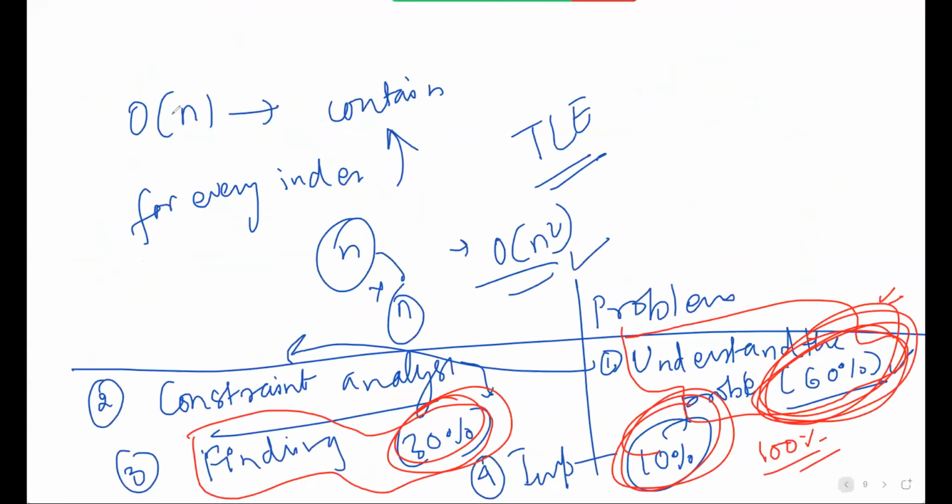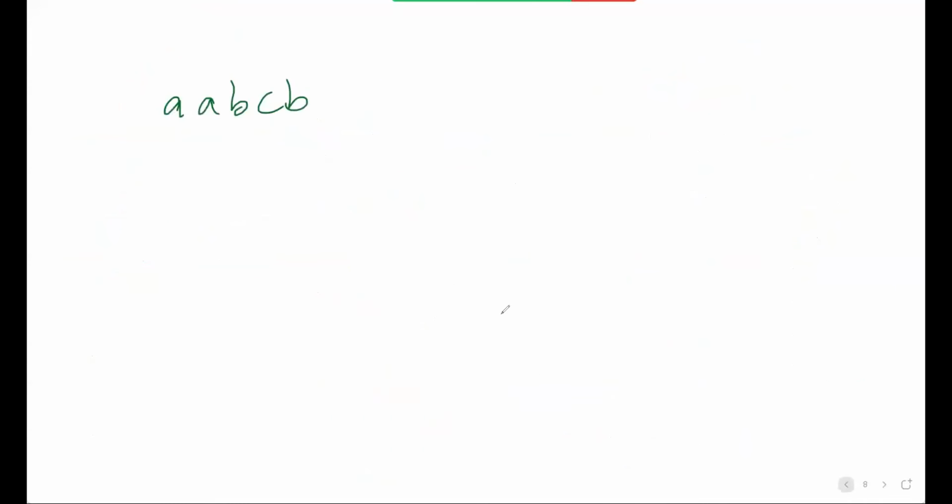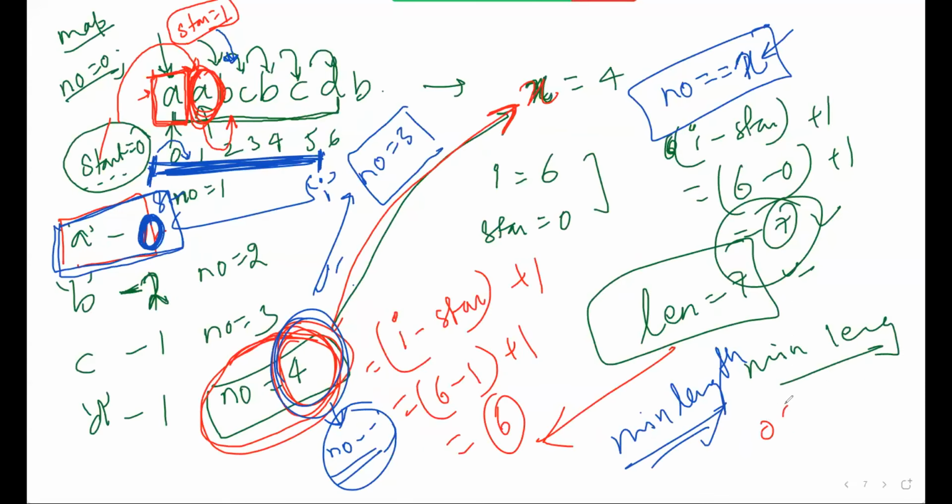Okay. Time complexity of this solution. What is the time complexity of this solution? Time complexity of this solution is linear only. Okay, we are sliding through it. I didn't get after we get size of n.